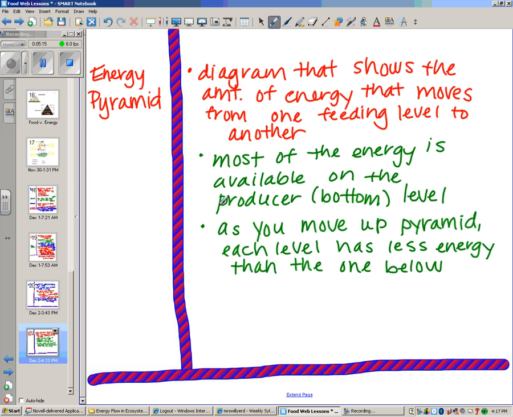Okay, so as you're moving up through these levels, you have this transfer of energy, and only about 10% of the energy is transferred. So only about 10% of the energy is transferred to the next level.